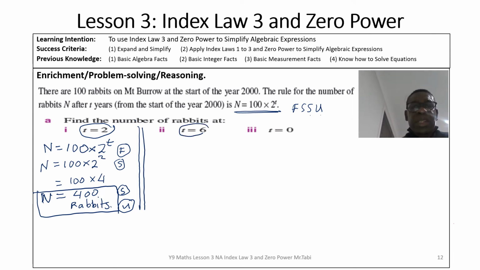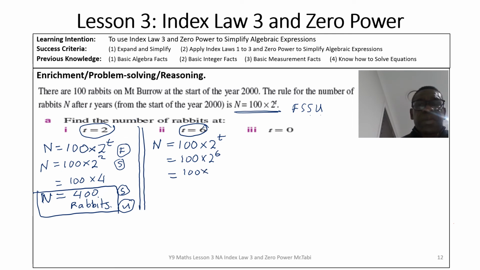t equal to 6, that's given to us. So again, we write n equals 100 times 2 to the power of t. That's the formula, write that first all the time, 100 times 2 to the power of 6. We substitute, and then we simplify. Now, 2 to the power of 6 is 64, because 2 to the power of 5 is 32.